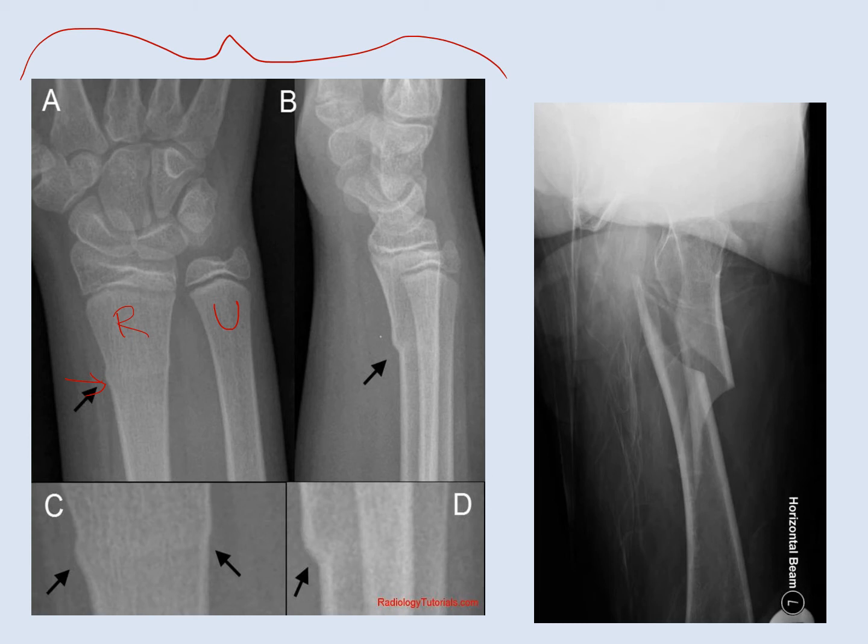What do you think that probably is? That's our impacted fracture. So the upper part of the radius broke, and then the bottom part of the radius got forced up into it. Probably our patient fell, caught themselves on their wrist, probably the inside of the hand near the thumb, and pushed up and forced that broken part of the radius up into the top of it.